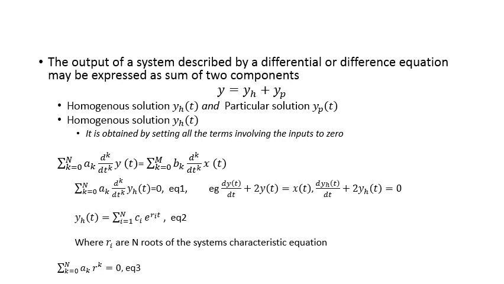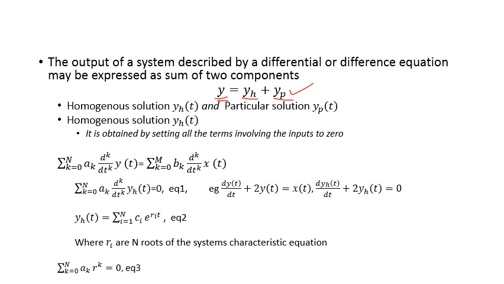Now to solve the difference or differential equation, the solution consists of two main components such as y_h and y_p. You understand here we have ignored the argument n or t because this notation is for the generalized case, whether you have the discrete time system or the continuous time system.